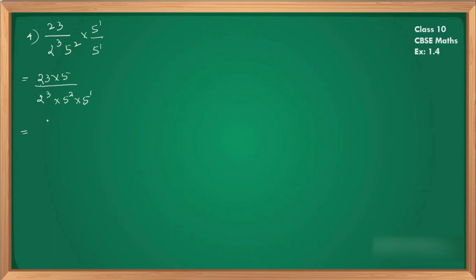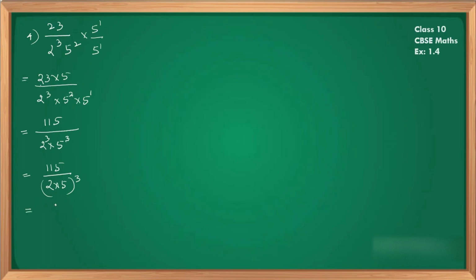Again, multiply 23 and 5, you get 115 divided by, let us put all this in the simplified way, 2 cube into, when you put 5 together, the powers get added. 2 plus 1 gives you 3. In the last step we have 115 divided by 2 and 5 can be put together and then put the power 3 on the top.